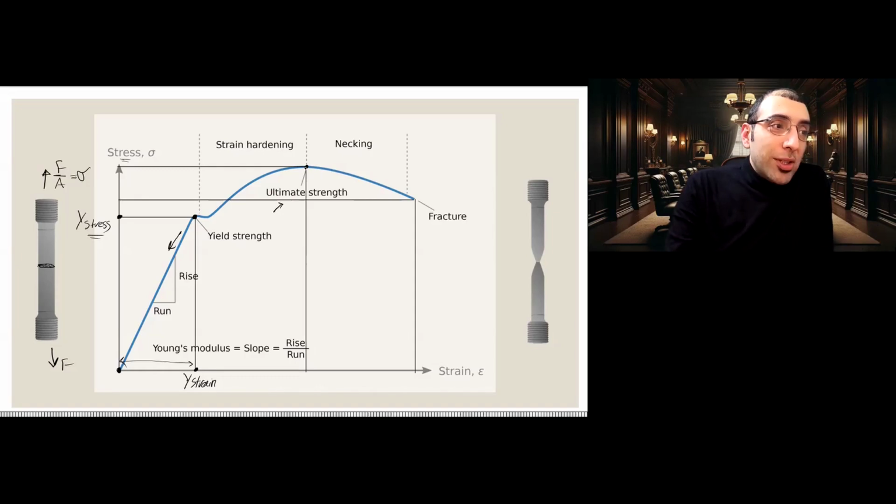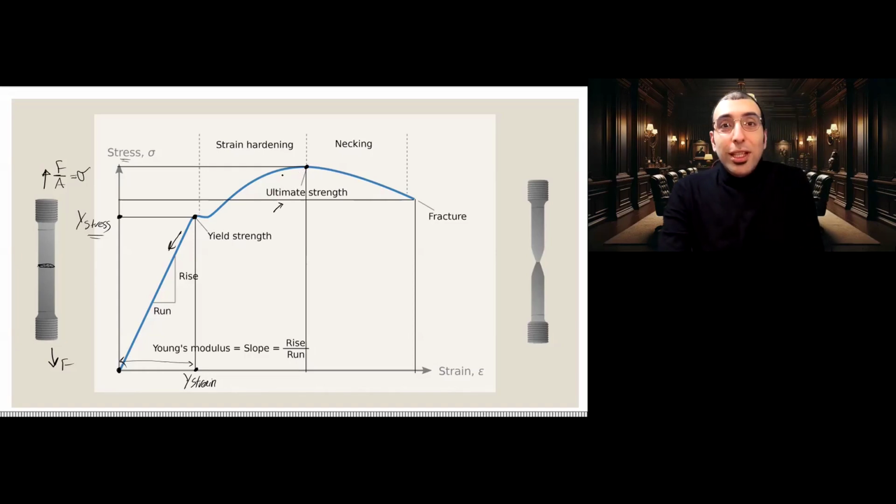So ultimate strength is the highest point on the stress strain curve, and it's certainly higher than your yield strength. So this is your yield strength, beginning of the plastic deformation.